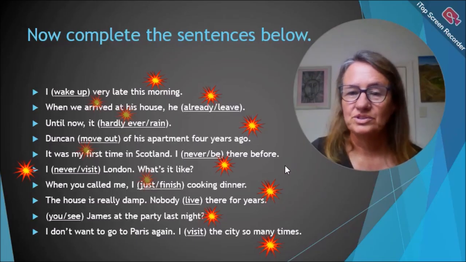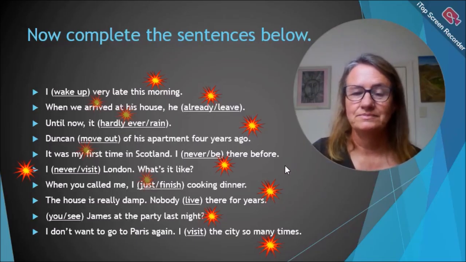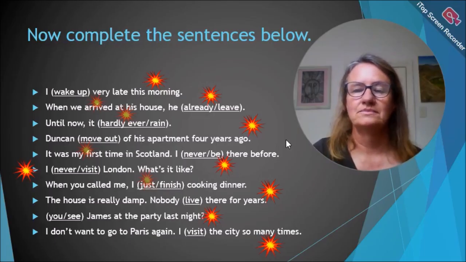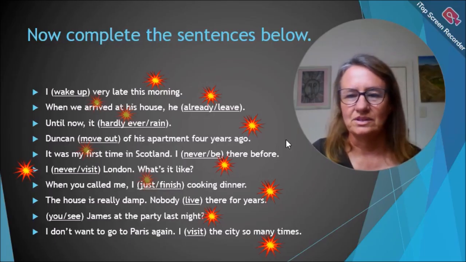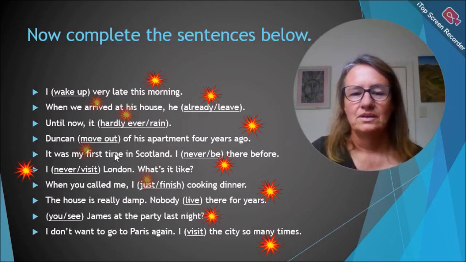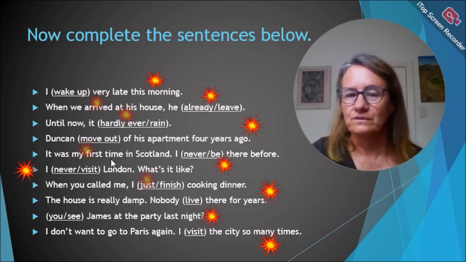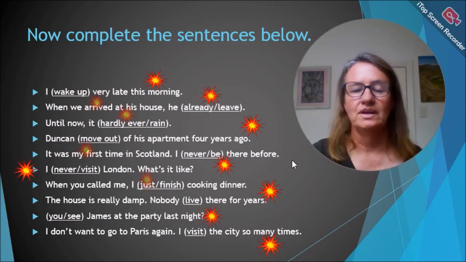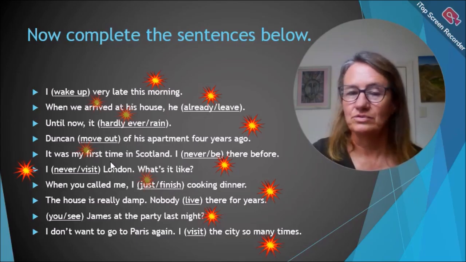Let's look at the next one. It was my first time in Scotland. I never been there before. Signal words. Start with that. We've got never, and we've got first time. If it was my first time in Scotland, I had never been there before.